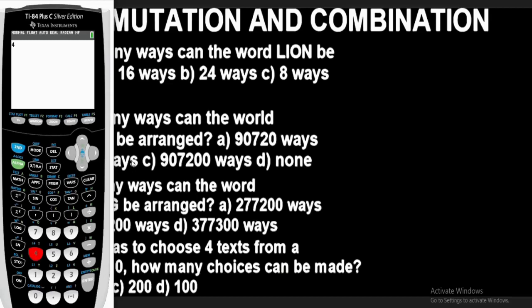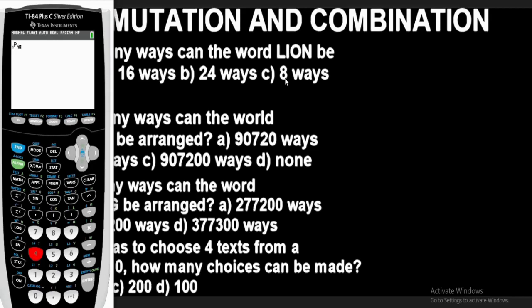To bring out the permutation symbol, we press alpha, this window button, then look at permutation, 7. So 4 permutation 4, because we have 4 distinct letters that make up the word LION, not duplicated.